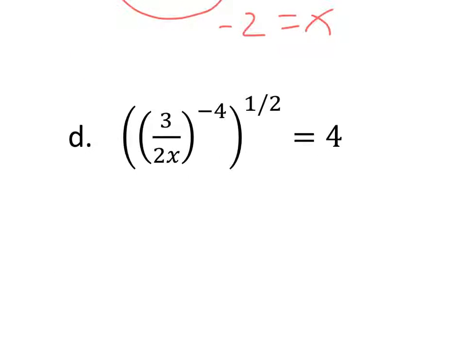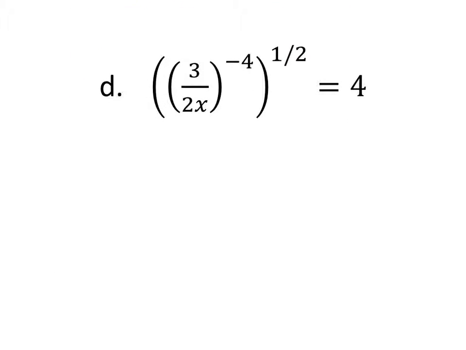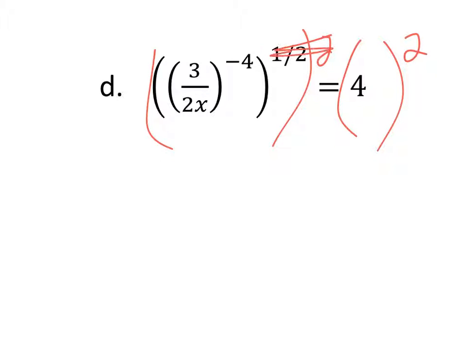All right, moving on to this one. Is x alone yet? No, so it's not solved yet. Could I simplify this? Yeah, if I squared both sides, I'd get rid of this. And now 4 squared is 16. That's a little simpler.